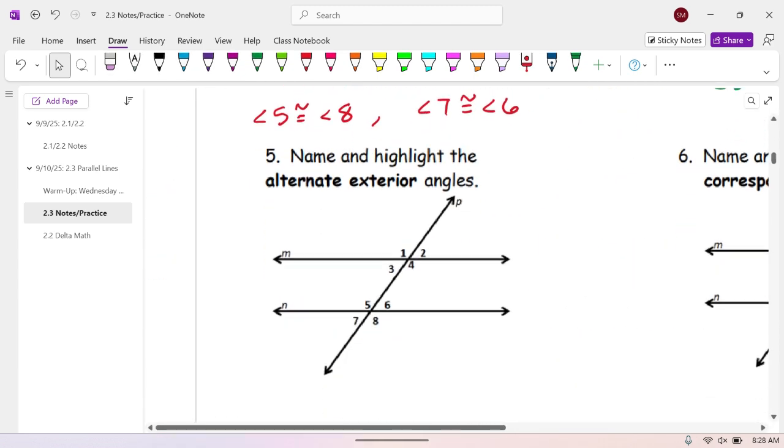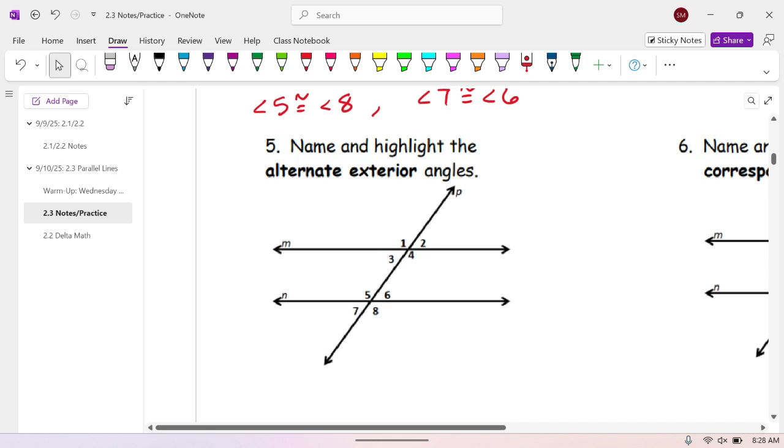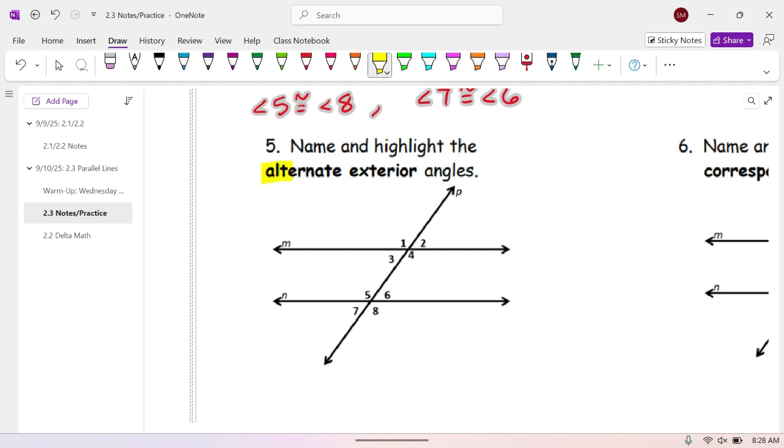Let's look at alternate exterior. Similar to alternate interior, except now the angles are where? On the outside of the parallel lines. The only difference between alternate interior and exterior is that we're now looking at the outside of the parallel lines. So, angles 1, 2, 7, and 8.